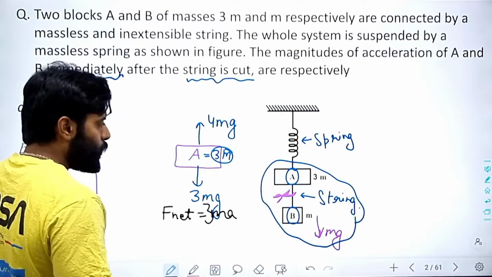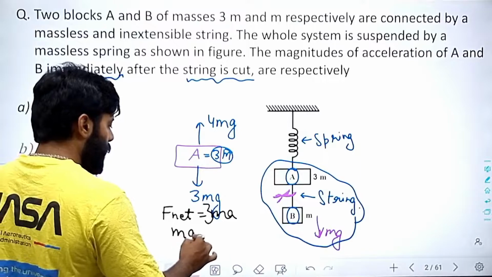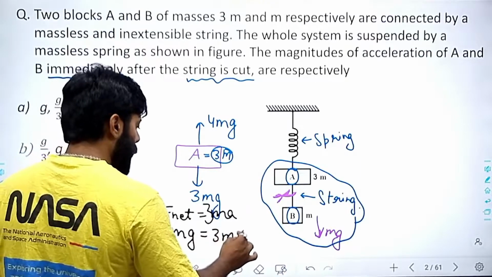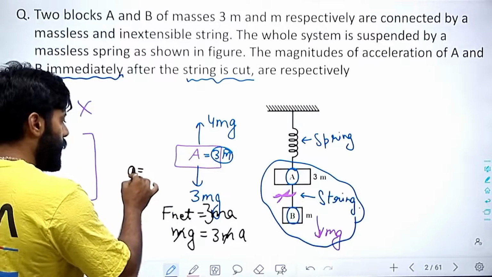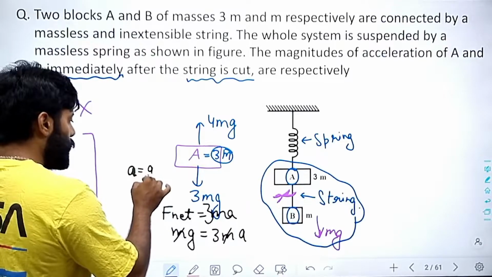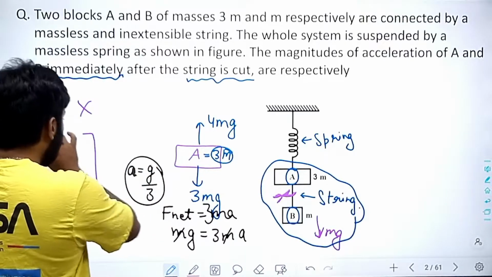I need to find out the acceleration. This F net is equal to mg, so it will be 3ma. I can cancel this, so acceleration is equal to g by 3. So this option B is correct.